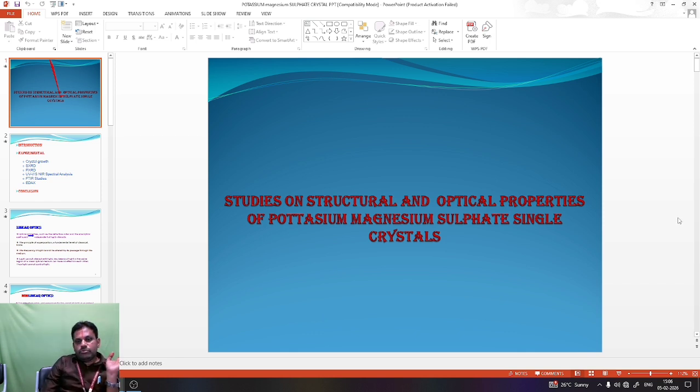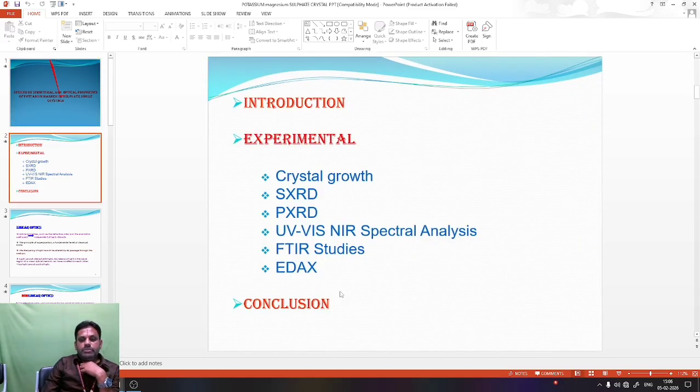So now we are going to study the structural and optical properties of potassium magnesium sulfate single crystals. For that, the potassium magnesium salts are dissolved in a particular solvent at particular molar concentrations, because they have some molecular weight.